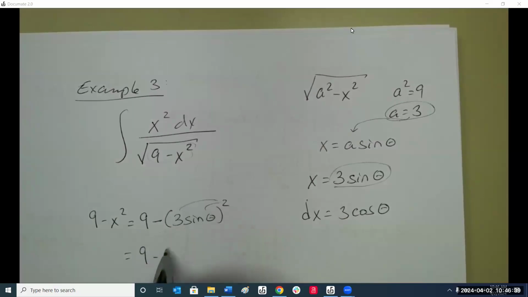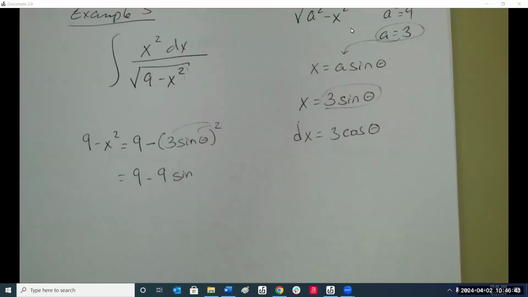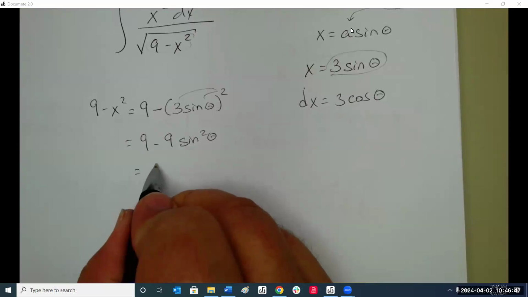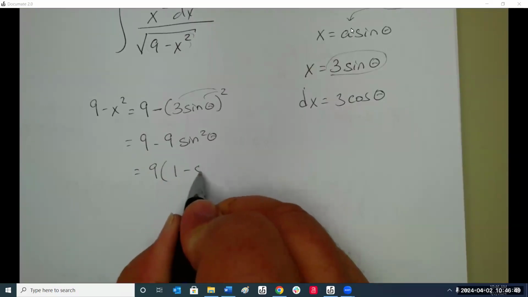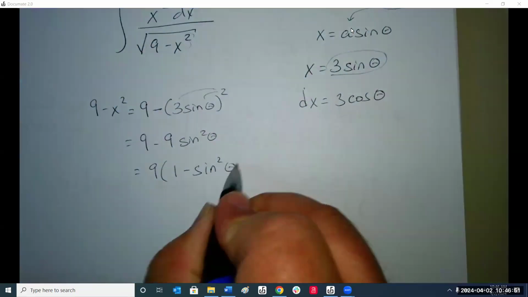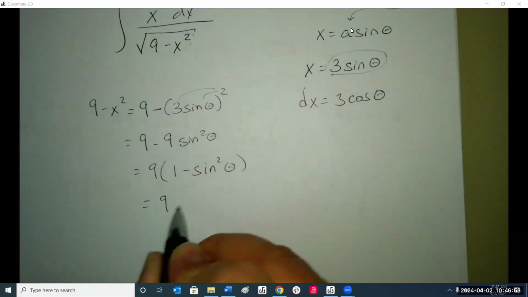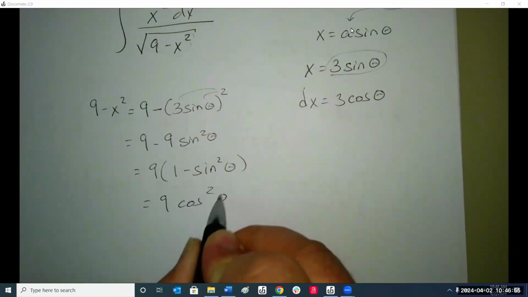Distribute, so we get 3 squared is 9 sine squared theta. 1 minus sine squared theta gives 9 cosine squared theta.